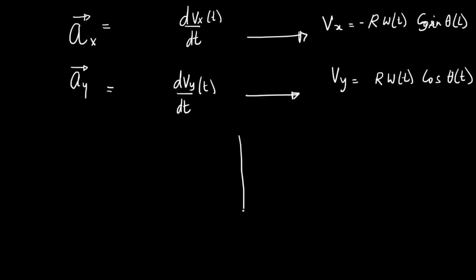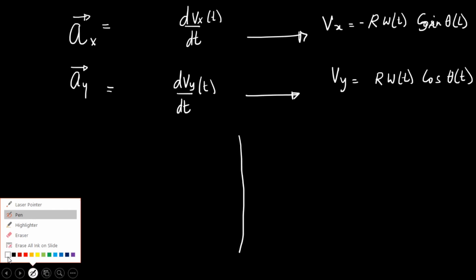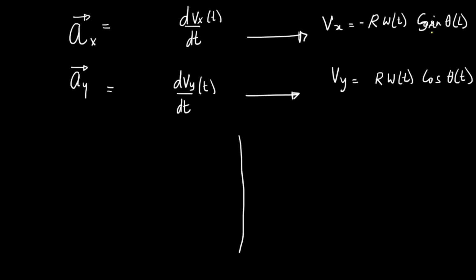So why is it messy? Because we've got two functions of time. So this is also a function of time, and this is also a function of time. If in the previous case this was a constant, so it was very easy.